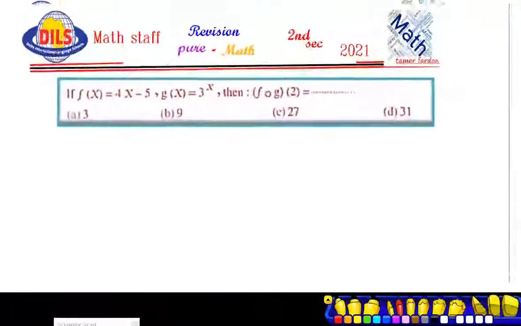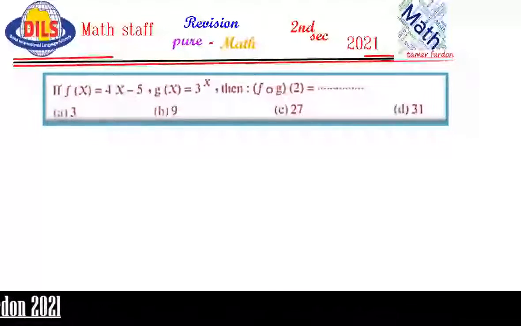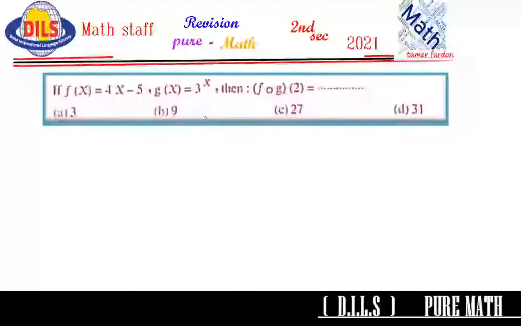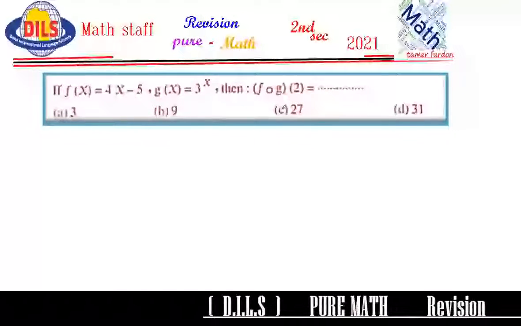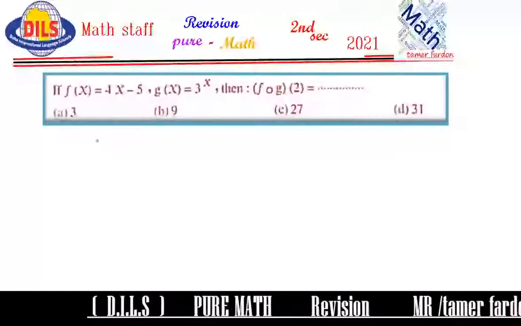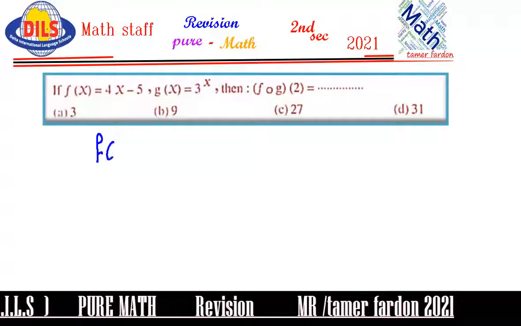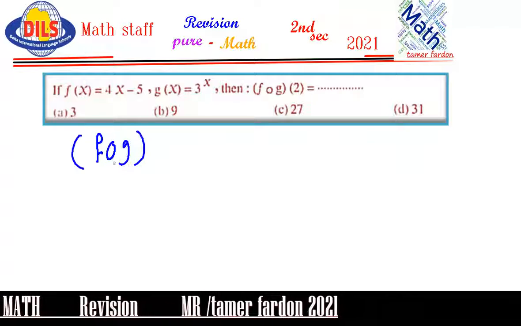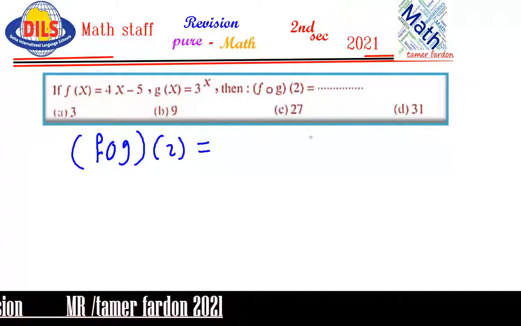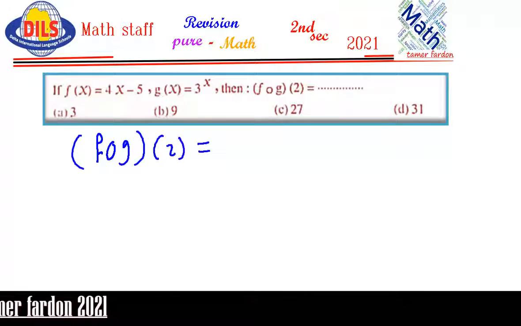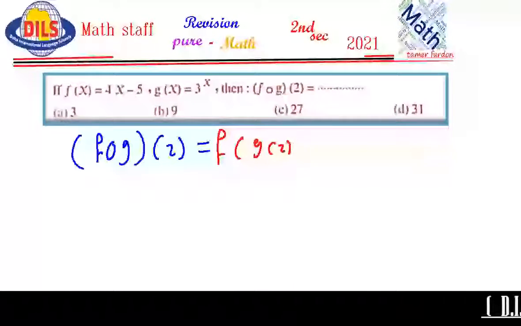Another exercise, f(x) equals 4x minus 5 and g(x) equals 3 power x. Then f circle g of 2 equals what? We know that f circle g of 2 is equal to f of g(2).